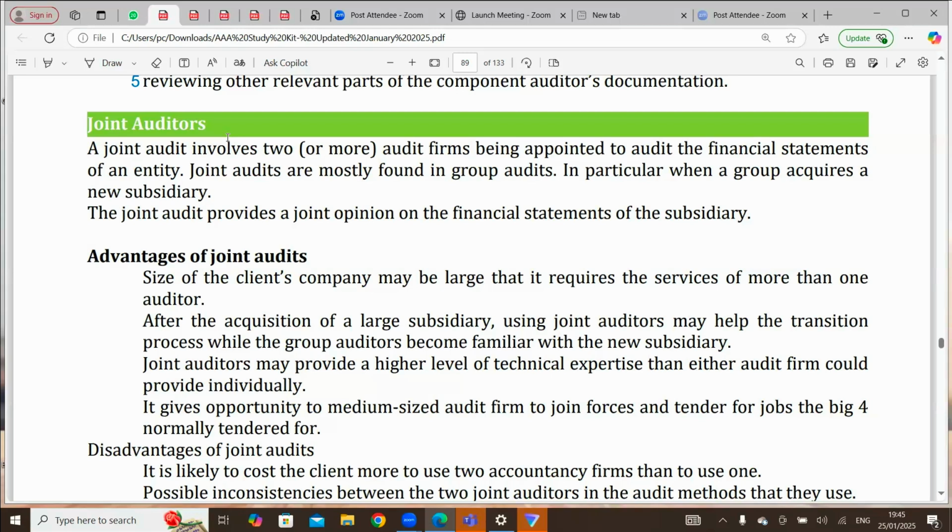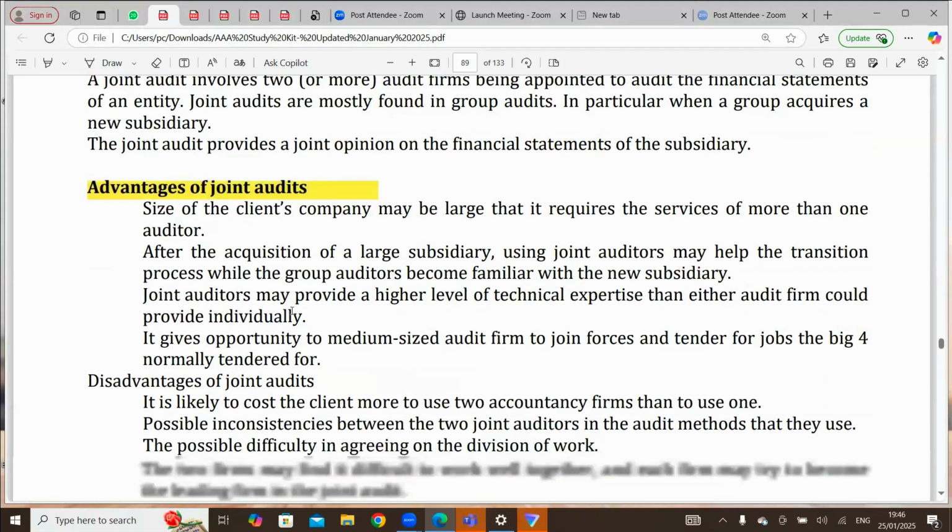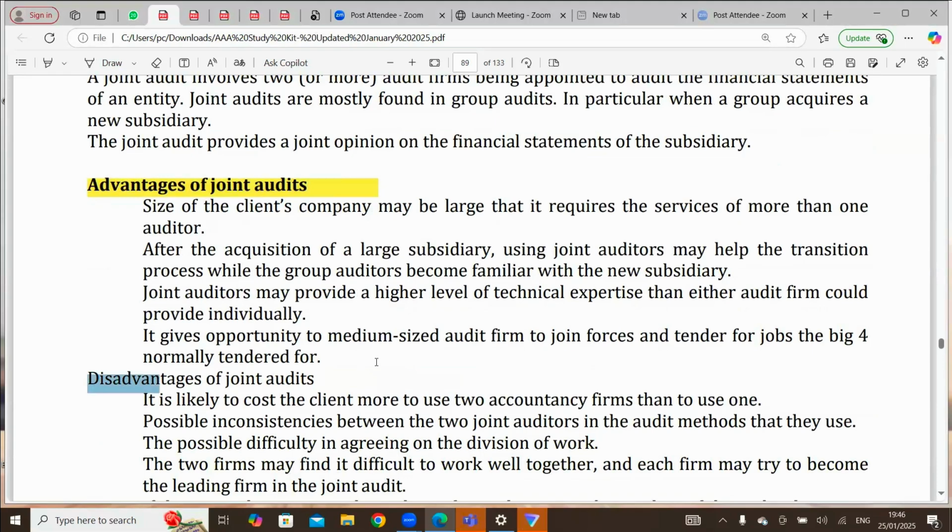Okay? So you can read for us. Let me call somebody to read for us. You just read joint audit. Hi, Anthony. Good evening. Just read the introductory part of joint audit for us. Can you hear me?